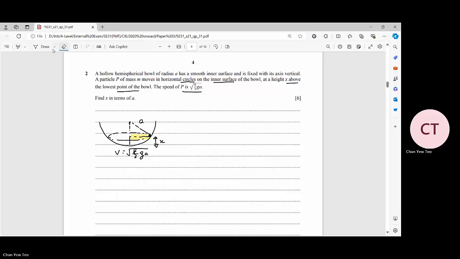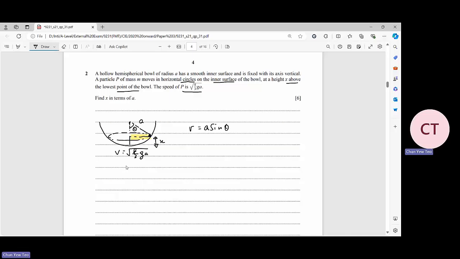First of all, we need to find the radius r. Let me call this angle theta. So first of all, your r is equal to a sine theta. Then if you look at the triangle, r equals a sine theta.